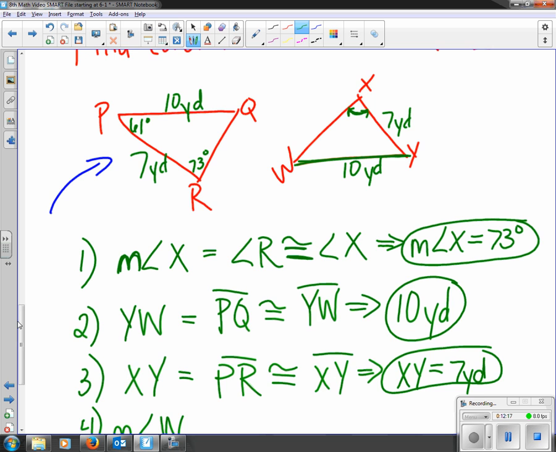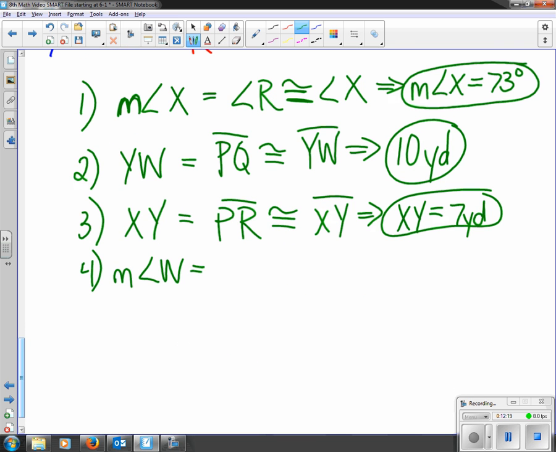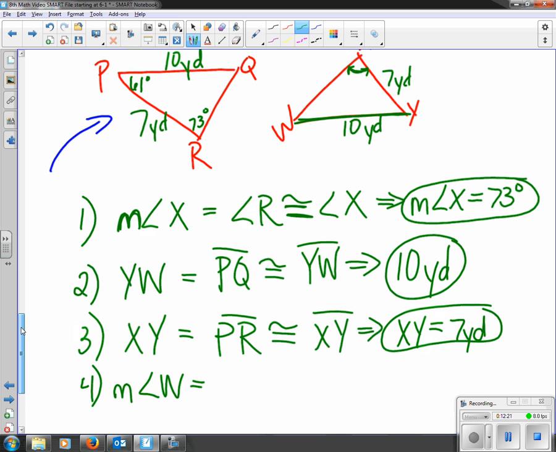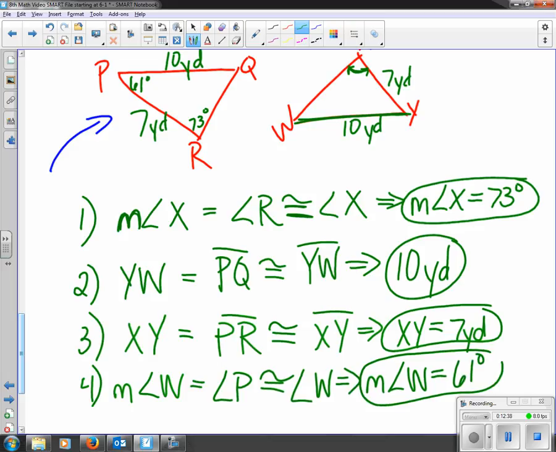I missed one. Okay, so angle W. Well, angle P is congruent with angle W, so therefore the measurement for angle W equals 61 degrees. Circle your answer. 61 degrees. Okay.